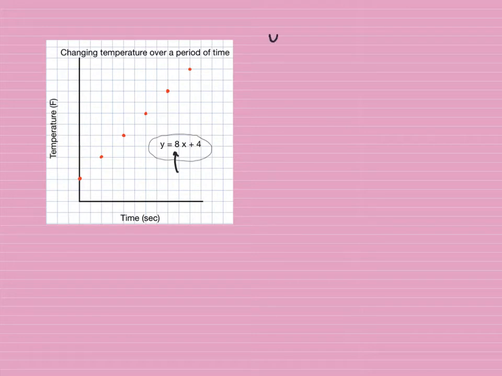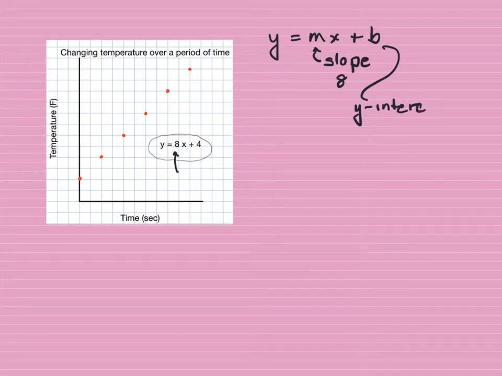This is in the form of y equals mx plus b, where m is the slope. In this case, the slope is 8, and b is called the y-intercept, where the graph intercepts the y-axis, and in this case, it intersects at 4.